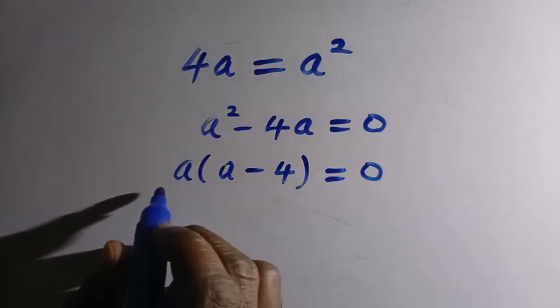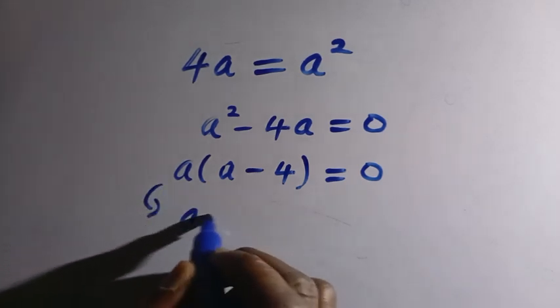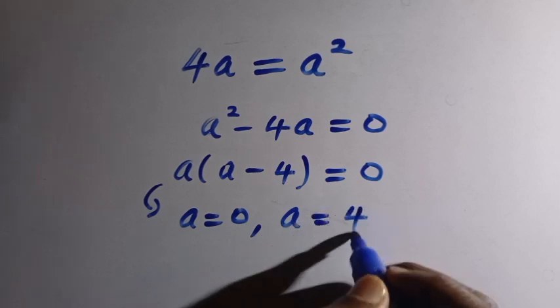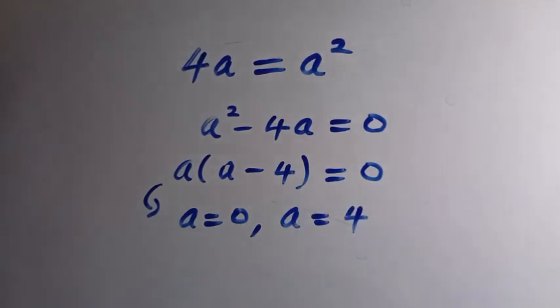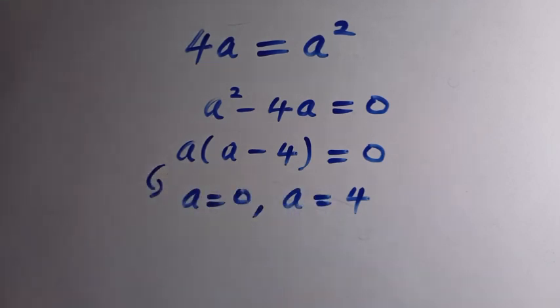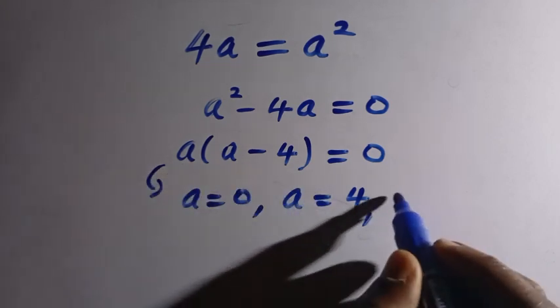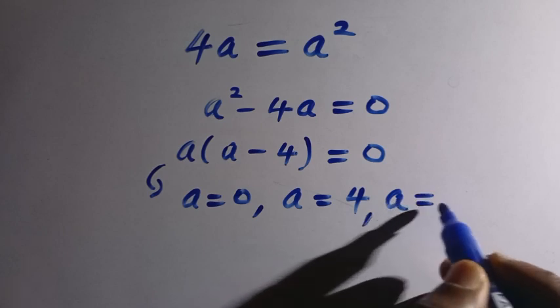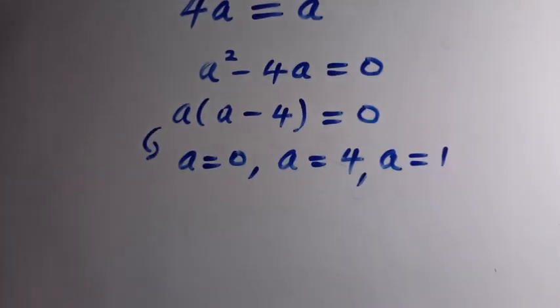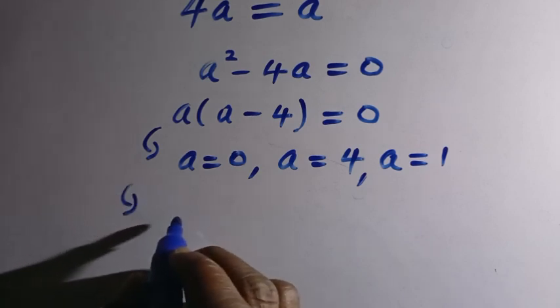So from this expression, we can have our a equals 0, and we have our a equals 4. So these are the only two values we get here for this to equal 0. And don't forget that initially we got a equals 1. So we have 3 roots here, which are 3 solutions, but we have to verify which of these satisfy the equation. So let's check.